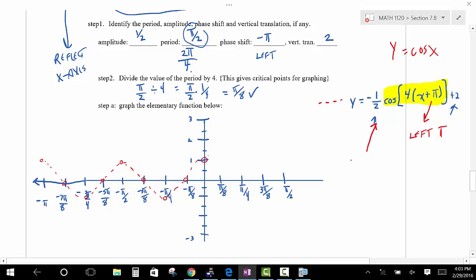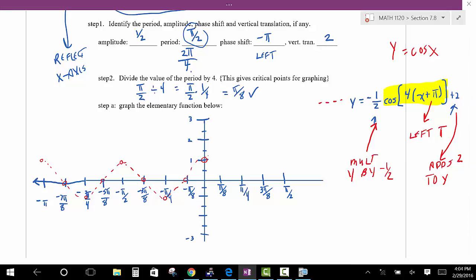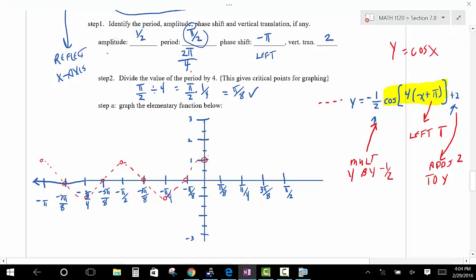Now, what you do next is this. The -1/2 multiplies y by -1/2. The 2 adds 2 to the y value. So you might as well just do arithmetic on this, and that way you take care of the whole thing in one more step. To me, this is the simplest way to learn how to do this. I'm going to write some of these things down at the side.